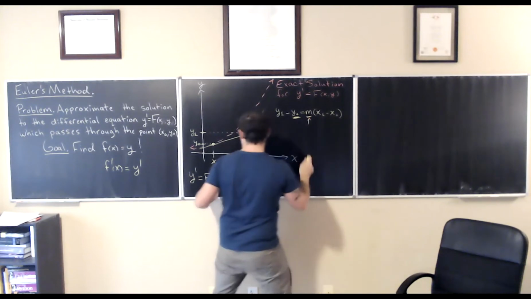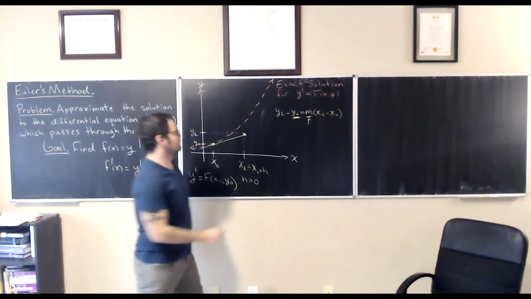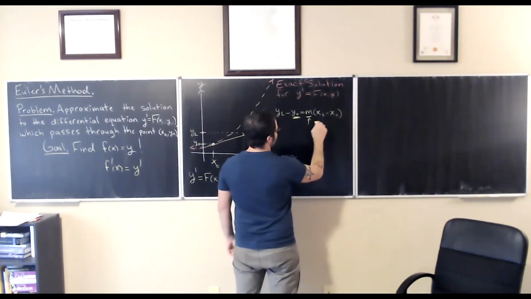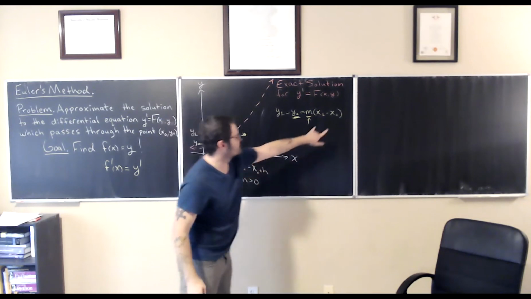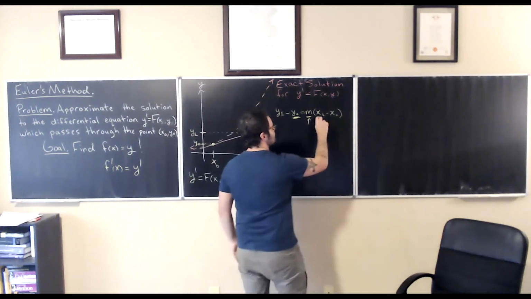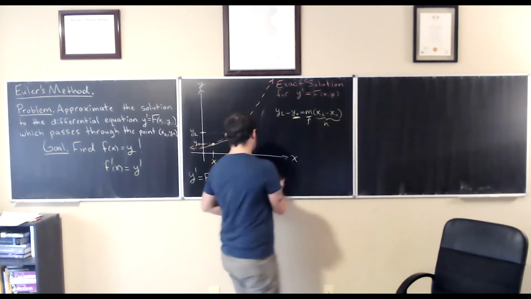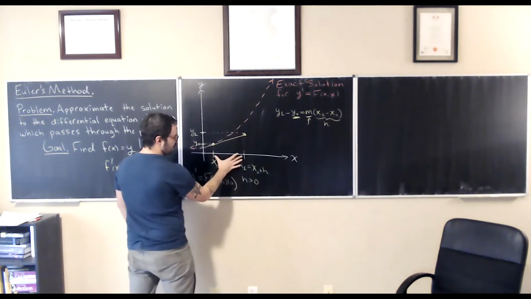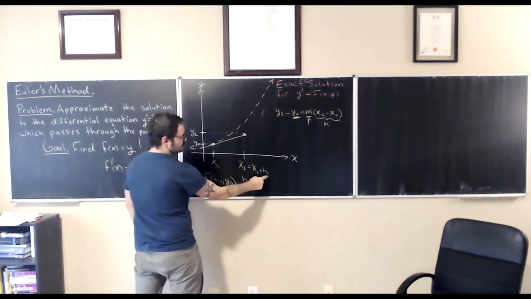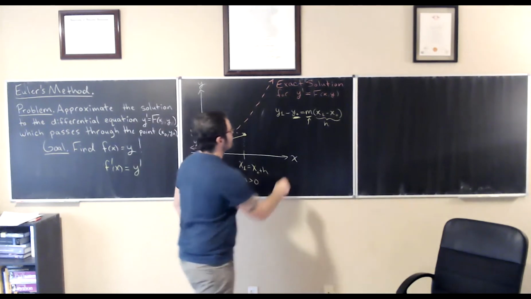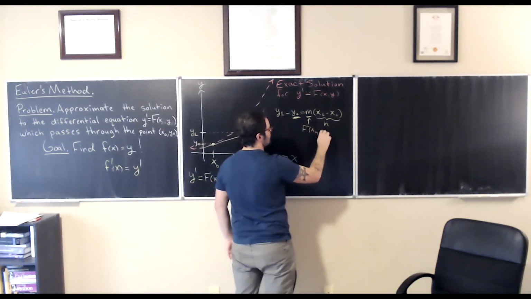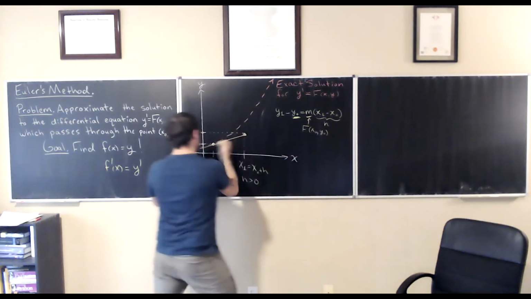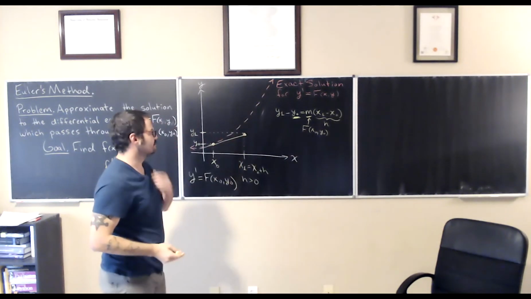The slope is just f at x naught, y naught. And x1 minus x naught is just the difference in x, which is just h. How far are we? And that is f at x naught, y naught, the slope of that tangent line, because that's what the formula gives us.